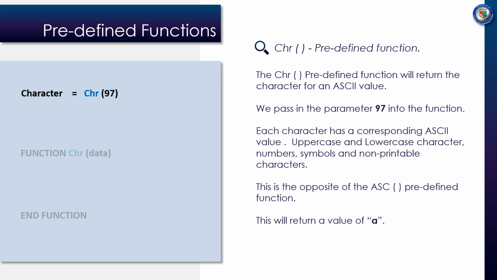Once passed into the function, the code in the function will be executed and a new value of lowercase a is returned. This is passed back to the expression and in turn assigned to the variable character.